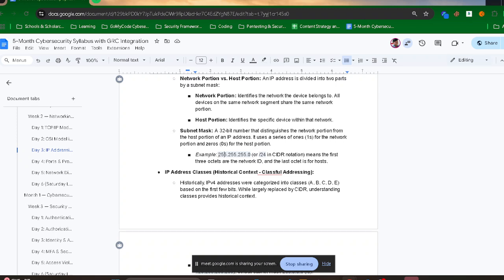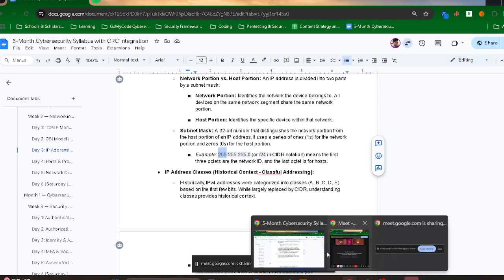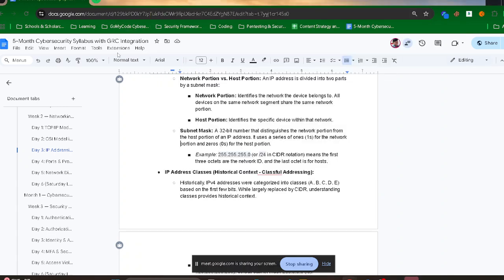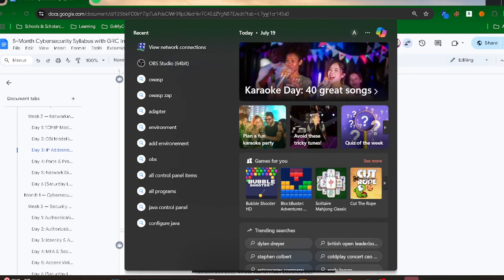If you convert this denary number to binary, you will get 1s in 8 places. I don't know how we can demonstrate that. It's part of what we are learning. Let me open notepad.